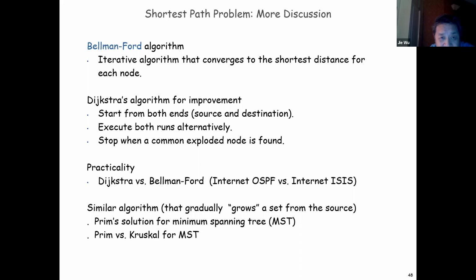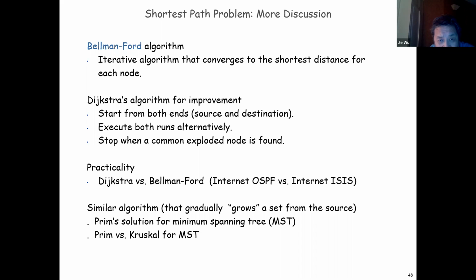There's another algorithm called the Bellman-Ford algorithm. I think you already know it. It's a distributed iterative algorithm. It really means that each intermediate node, or the source, doesn't need to know the topology.